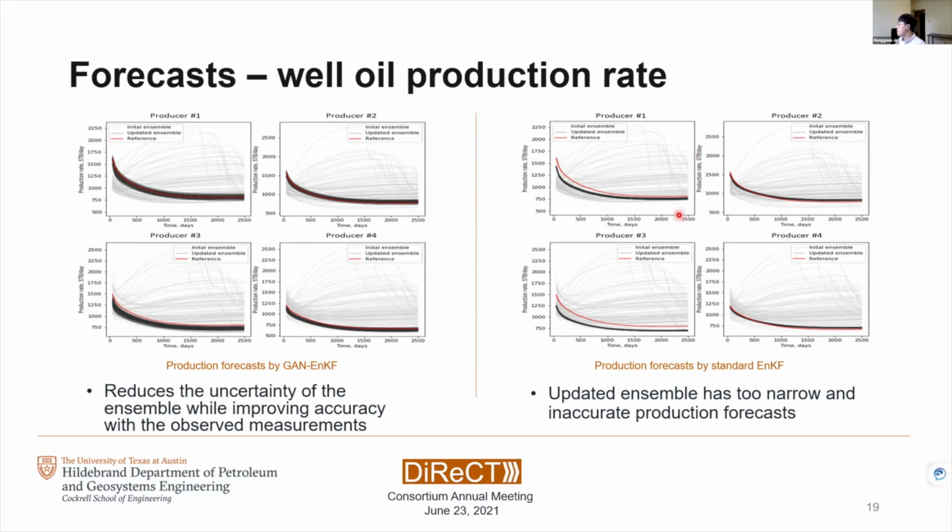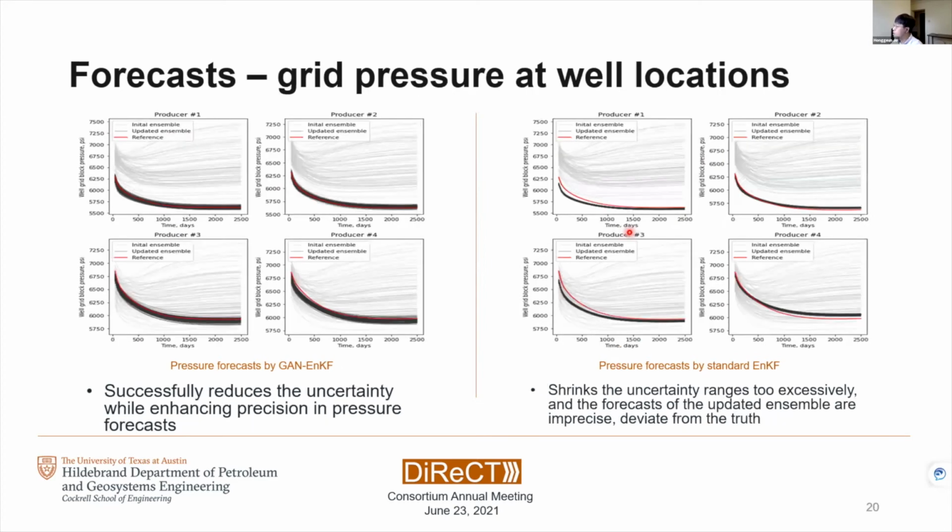However, standard ensemble Kalman filter may shrink to too much uncertainty, and their results are inaccurate compared to the reference. We look into the pressure at the well location, and we also observe similar outcomes here.